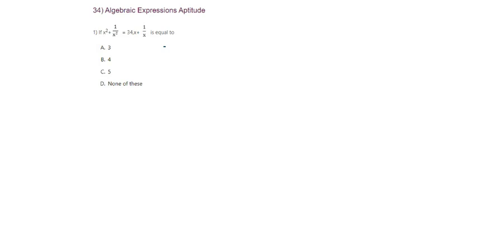When this type of question is given, simply take the equation x square plus 1 by x square equal to 34. I will be adding plus 2 on LHS and RHS. You have to manipulate the equation in such a way that you add something so that you can find x plus 1 by x.